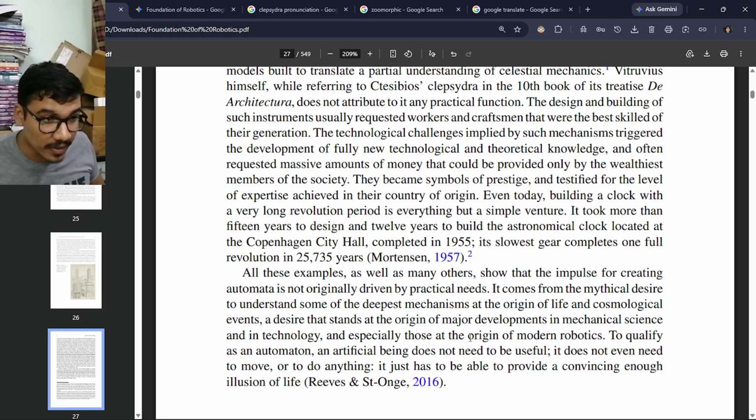Especially those at the origin of modern robotics. To qualify as an automaton, an artificial being does not need to be useful. It does not even need to move or to do anything. It just has to be able to provide the convincing illusion of life.